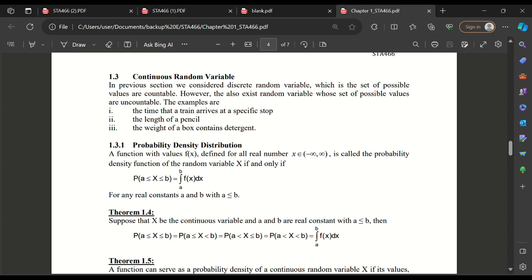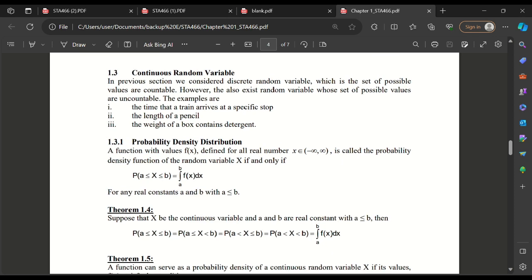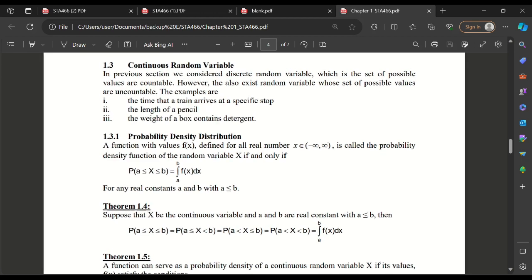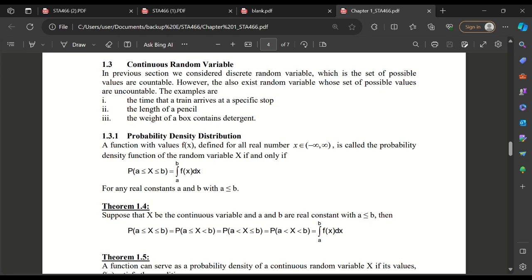Okay, the example is the time that a train arrives at a specific stop. So it is uncountable sebab time dia ada jarak masa. Senang nak bezakan antara discrete dan juga continuous: kalau discrete, it is values yang countable dan tiada decimal places.